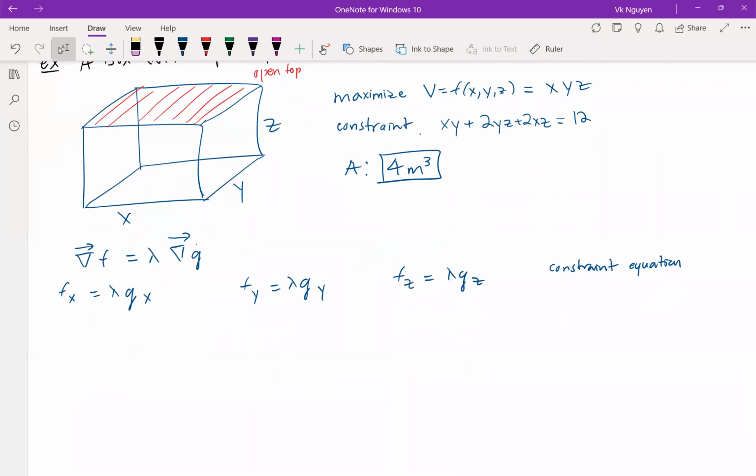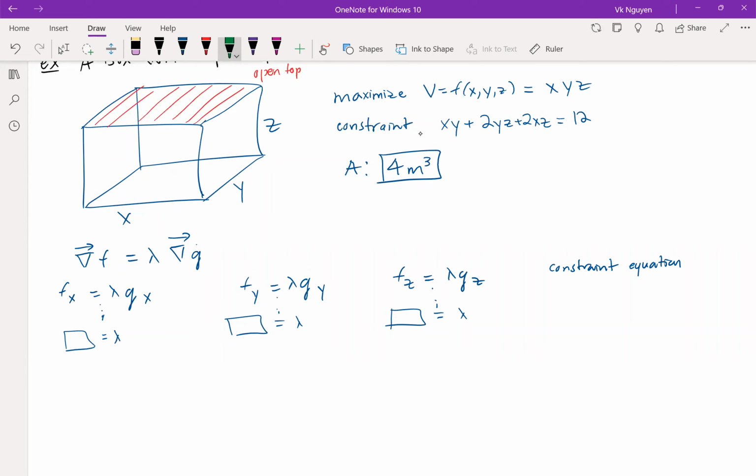Eventually, you'll be able to solve for x, y, and z. Here you're going to get lambda equals something, here also lambda equals something, and here also lambda equals something. You can set any two of them equal to each other.